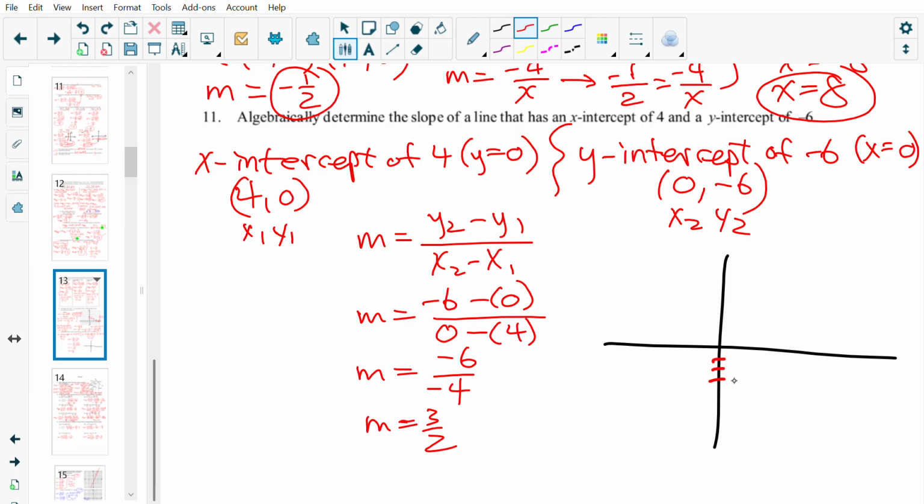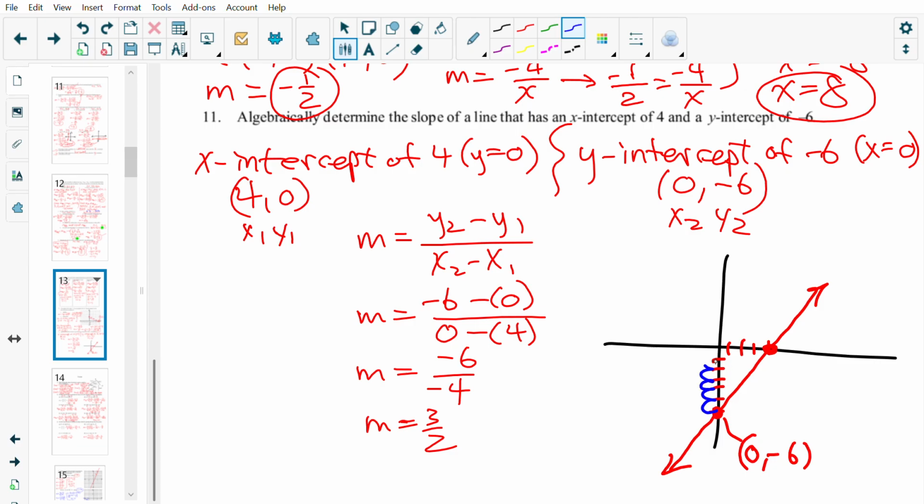Let's just draw this out. 0, negative 6. 1, 2, 3, 4, 5, negative 6. And 4, 0. 1, 2, 3, 4, 0. And let's draw a line through it.